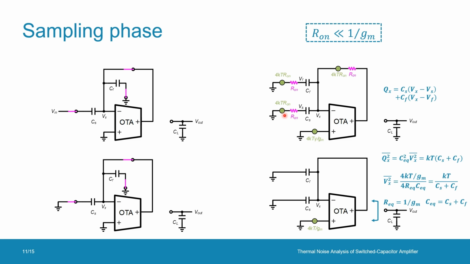So intuitively, this really makes sense. Furthermore, this requirement can easily be met simply by sizing the switch large enough, with sufficient W over L. So there might be some kind of area overhead, but typically not a big deal at all compared to the area of the OTA and capacitance.